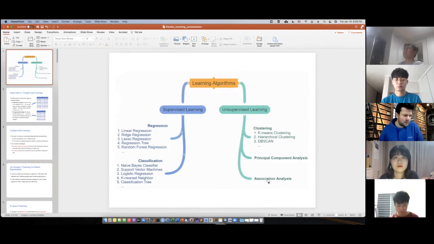One possible approach is to look at all transactions. For each transaction, let's say a customer comes to the retail store, you look at what that customer bought together. You look at that information over all customers, and then you can see, let's say, item X and item Y are co-purchased more frequently.